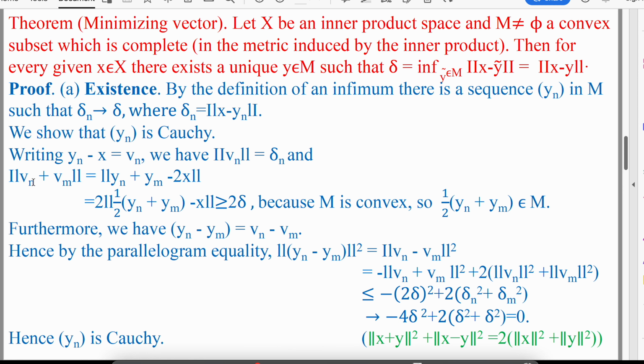So consider norm vn plus vm. vn is yn minus x, and vm is ym minus x. So vn plus vm means yn minus x plus ym minus x, so yn plus ym minus 2x.